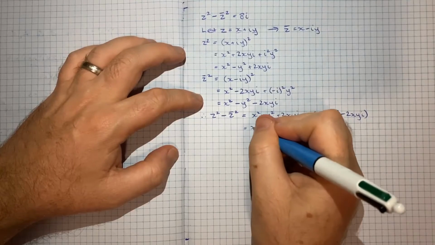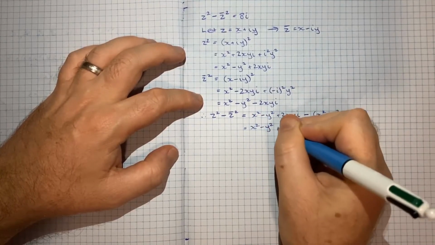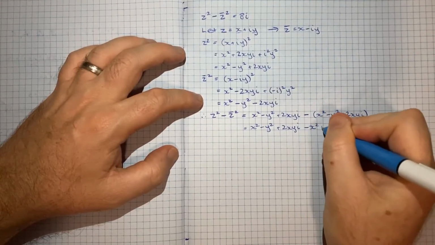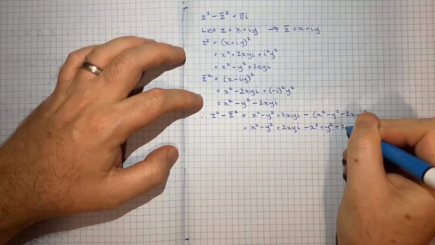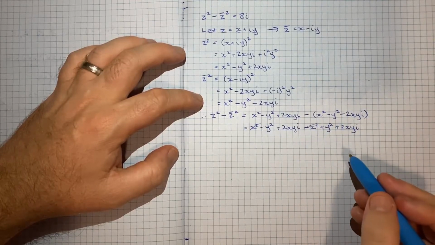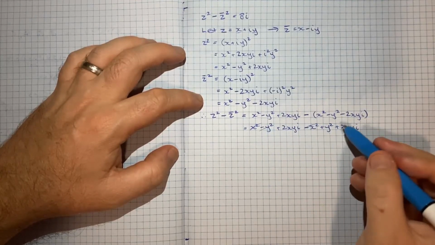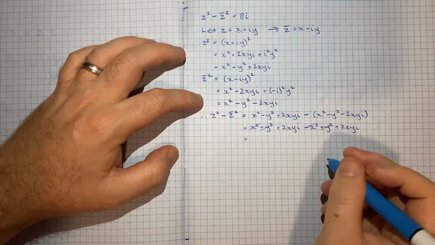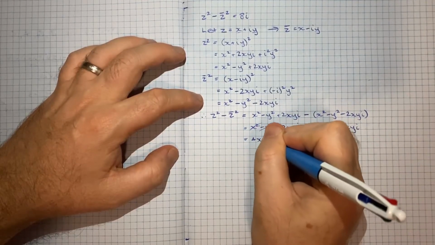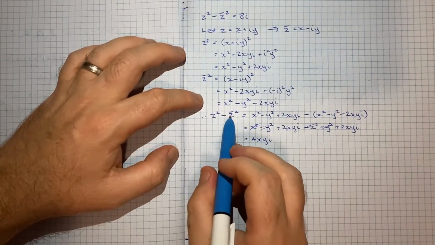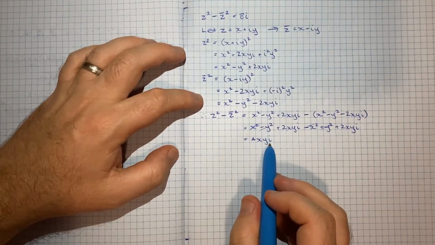So that's going to be x squared minus y squared plus 2xyi minus x squared plus y squared plus 2xyi. x squared and minus x squared cancel, minus y squared and plus y squared cancel, and these two add up to get to 4xyi. So we've got z squared minus z bar squared is 4xyi.